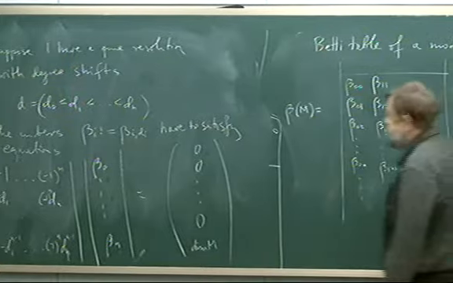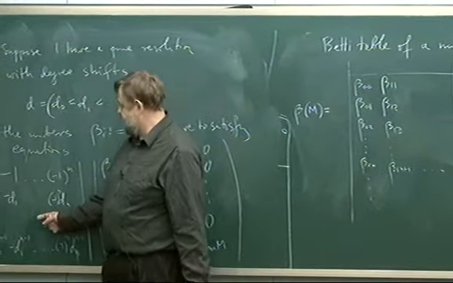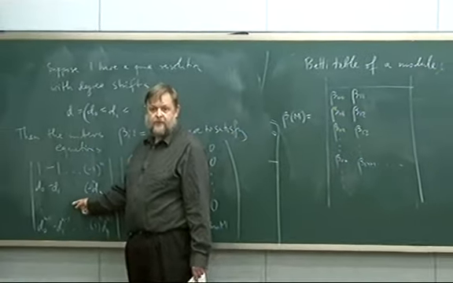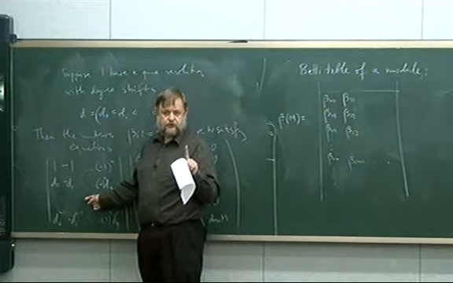And what does it mean? Well, here you see a Vandermonde determinant, so it's a non-zero determinant. So up to a constant, there's a unique solution.